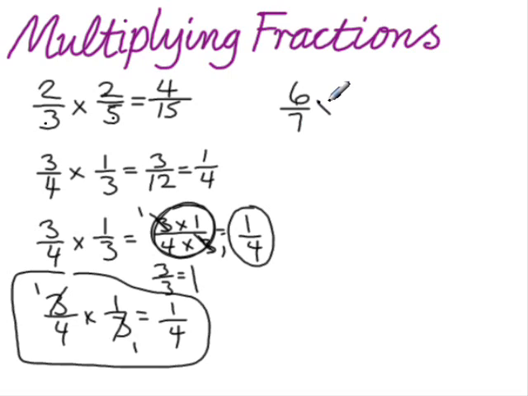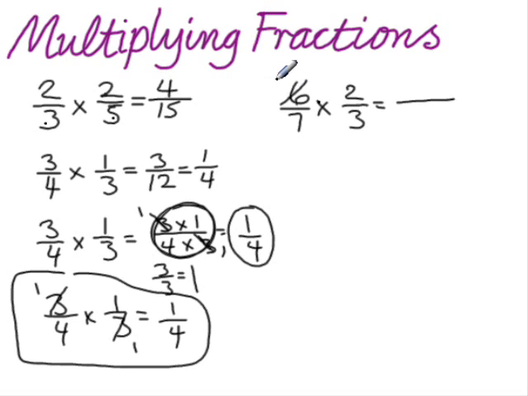6/7 times 2/3. We have 6 times 2 on top and 7 times 3 on the bottom. But before we multiply them, let's look to see if anything on the bottom will divide into anything at the top. So we notice we have 6 and we have 3 here. And both of these are divisible by 3.